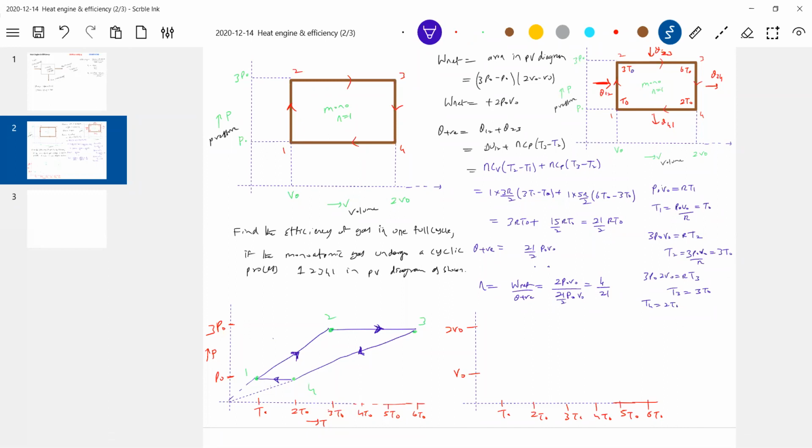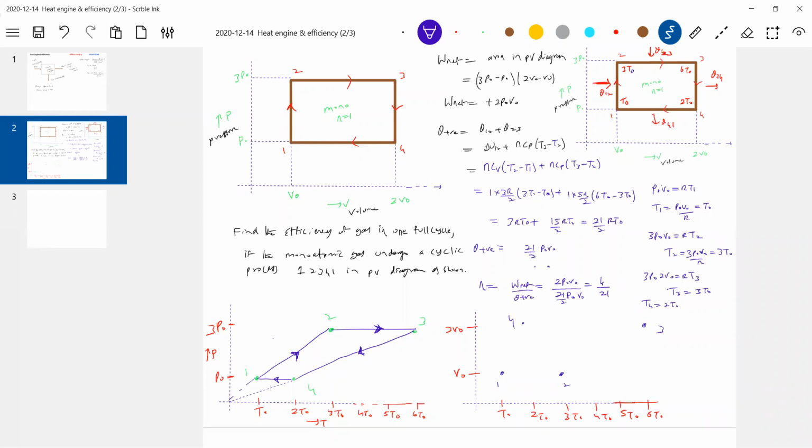Point 1: V naught, T naught. Then V naught and 3T naught. Then 2V naught, 6T naught. Fourth one, 2V naught, 2T naught.